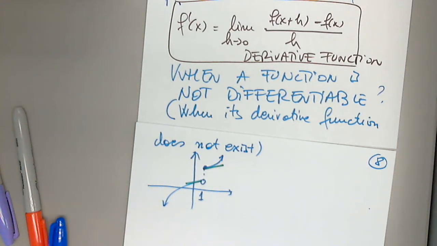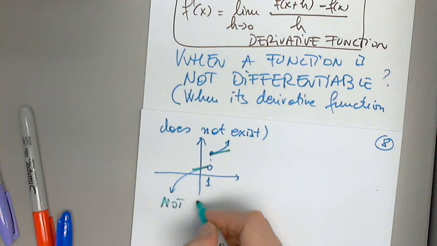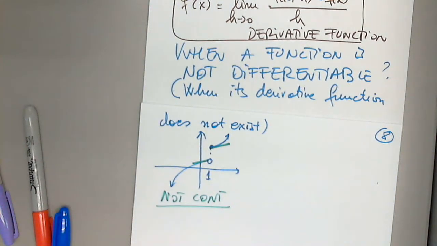So at this point, where the function is not continuous, the function is not differentiable. So at any point where a function is not continuous, the function is not differentiable. Two tangents, not acceptable.